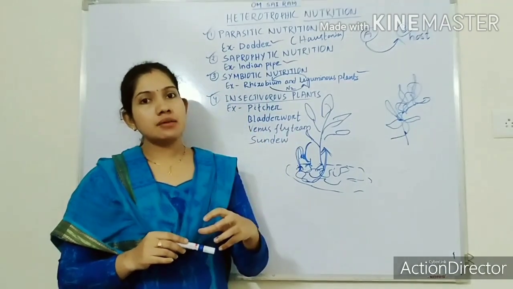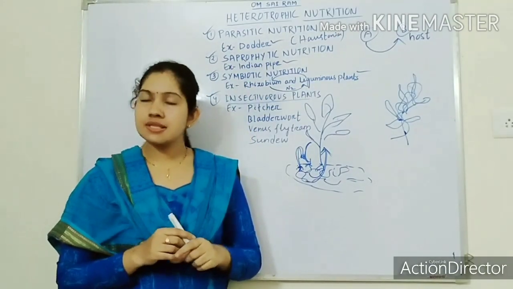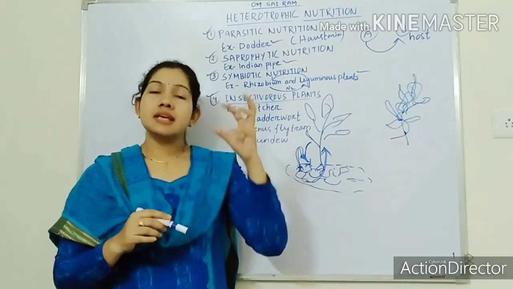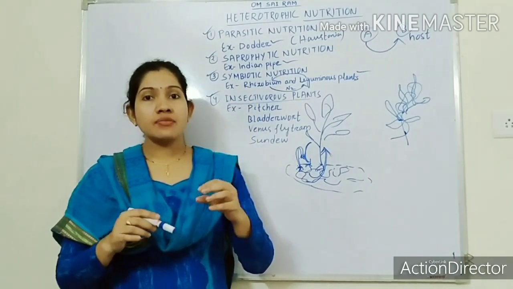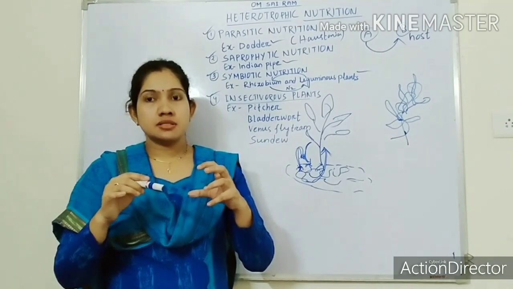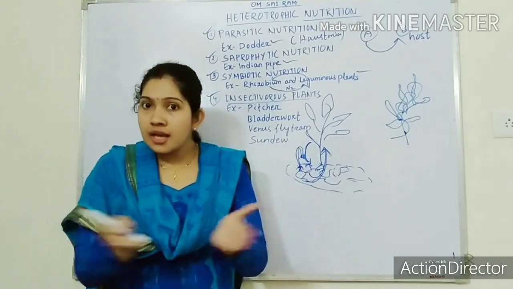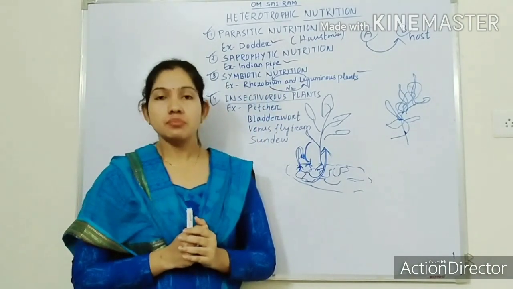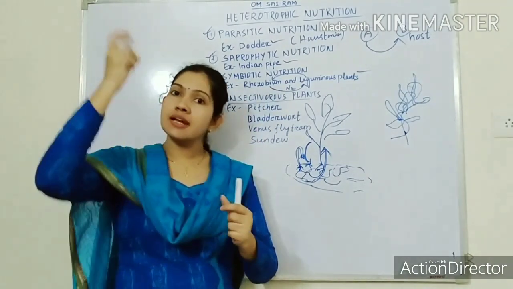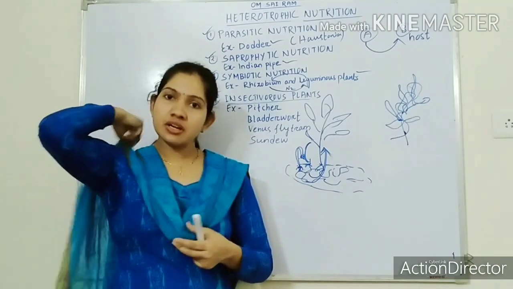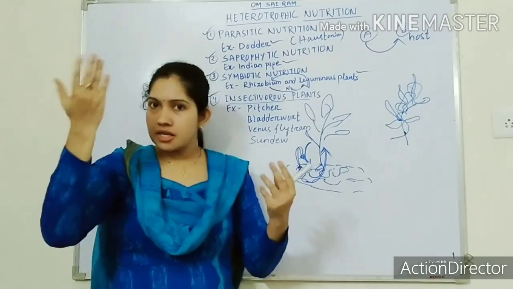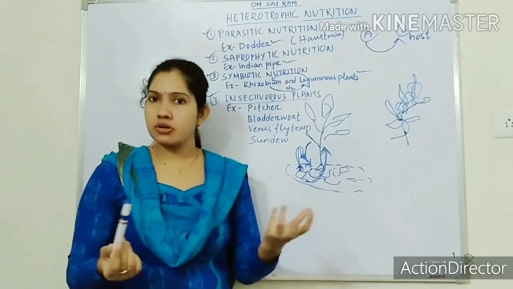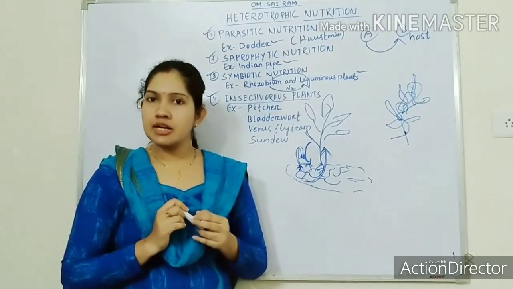During the daytime they undergo photosynthesis and can prepare their food, but they generally grow on soil which does not have nitrogen fixing bacteria, which means they cannot take the nitrogen. As I have mentioned, plants cannot take nitrogen directly from the atmosphere. That's why some organisms play an important role in providing nitrogen to the plant.